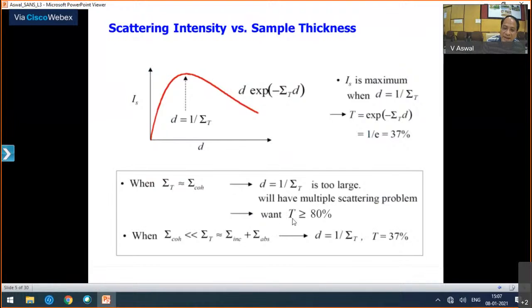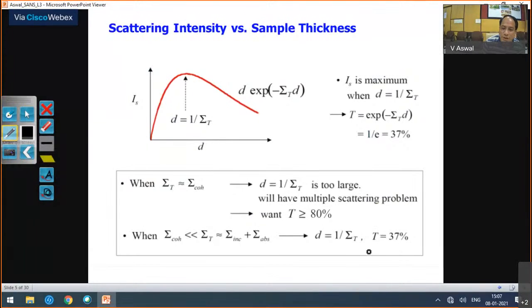So in that case, you should be looking for transmission which is 80% or higher, to avoid multiple scattering. If you are sure that there is no absorption and no incoherent scattering from the sample, then what is advisable, to avoid multiple scattering, is that your transmission should be greater than 80%.